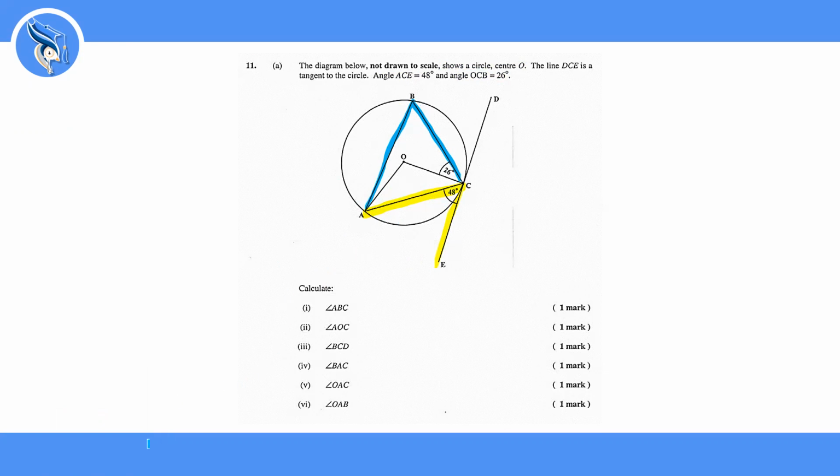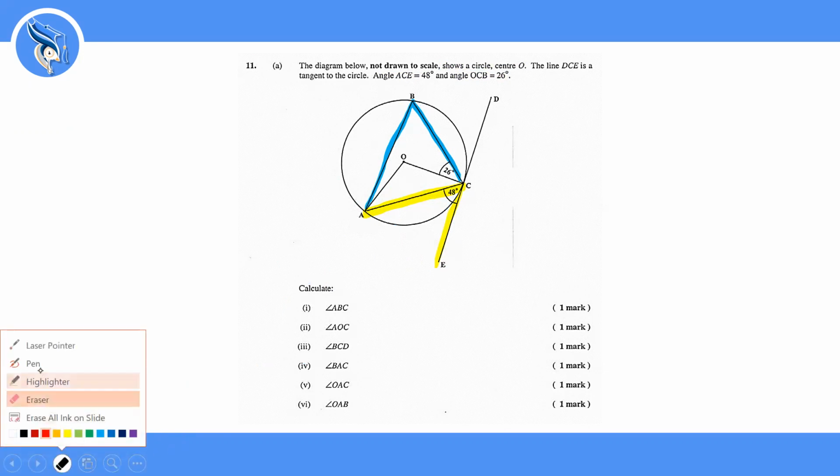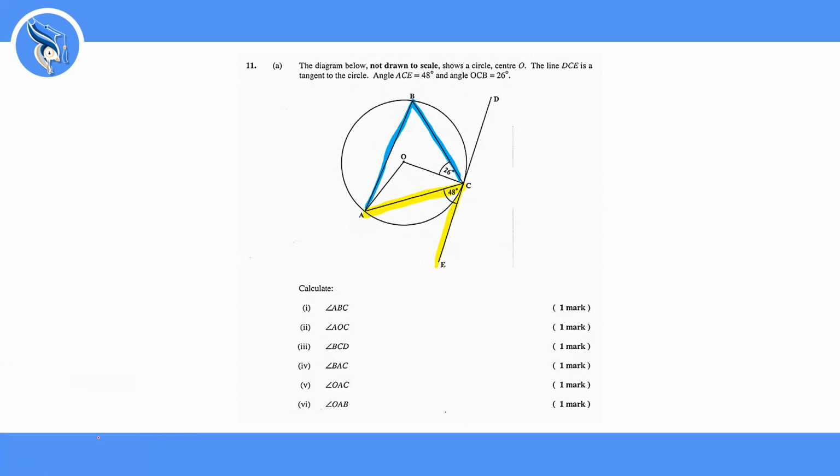So that must mean that if ACE is 48 degrees, then ABC is what? Hope you got it. I'm going to write it now. 48 degrees. Very good. So that's 48 degrees for you.